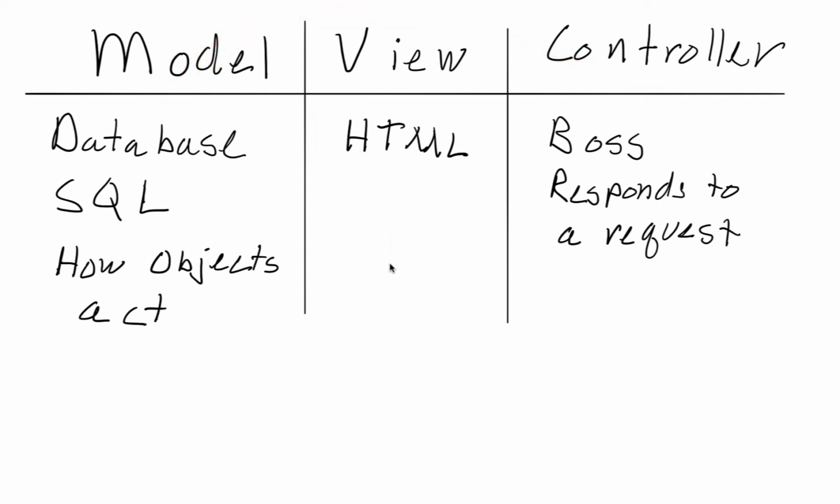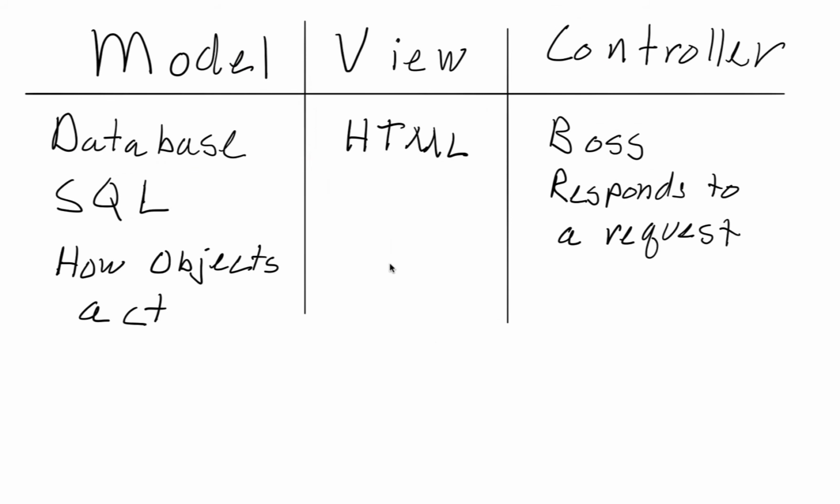So if we're presenting all of the objects of our entity, say we have a task entity, the controller will ask the model for all of the tasks back. Or if we're going to create a task, the controller will tell the model to create a new task with the information that the user provided. If we're going to delete a task, the controller will tell the model to delete the task.